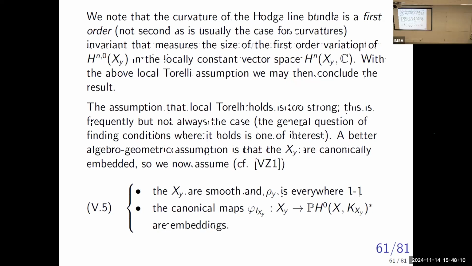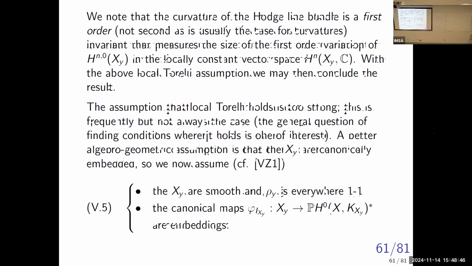Take projective space, take the O of 1 bundle. That has a metric induced from the metric in Euclidean space. Take its Chern form. What is the Chern form? Well, if you remember the formulas, in homogeneous coordinates, you take dz wedge the transpose of dz bar, divided by the norm of z squared.